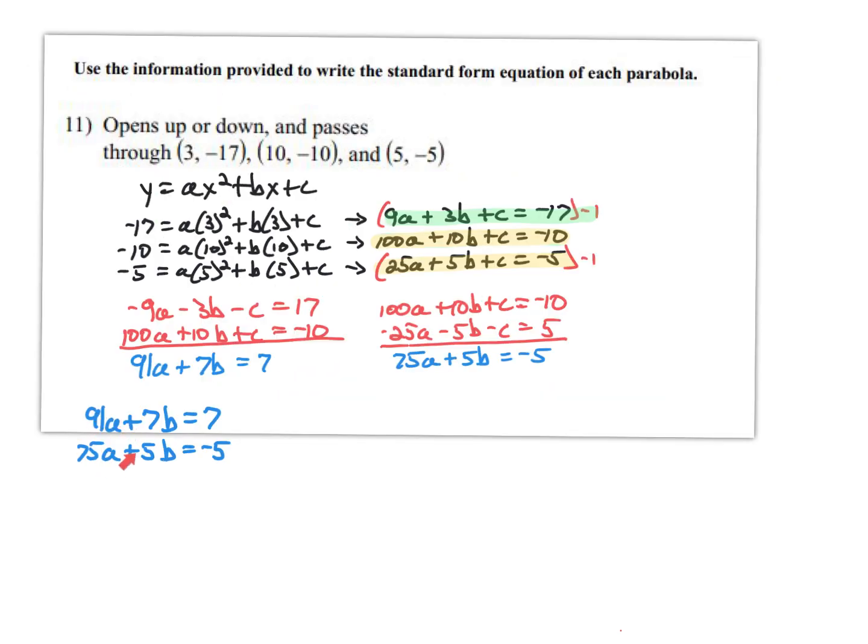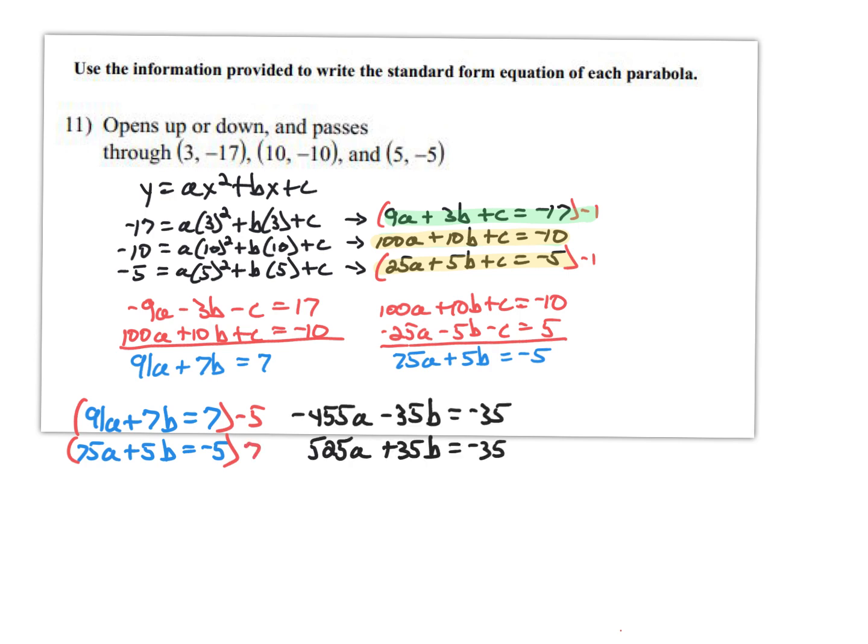When you see these two lined up together, you can see that the easiest route would be to cancel b. But I have a 7b and a 5b, so I'm going to need to multiply by 5 and by 7 to make this a 35b, and I need one of them to be positive and one of them to be negative. So I'm going to multiply this one times -5, and I'm going to multiply the bottom one times positive 7.